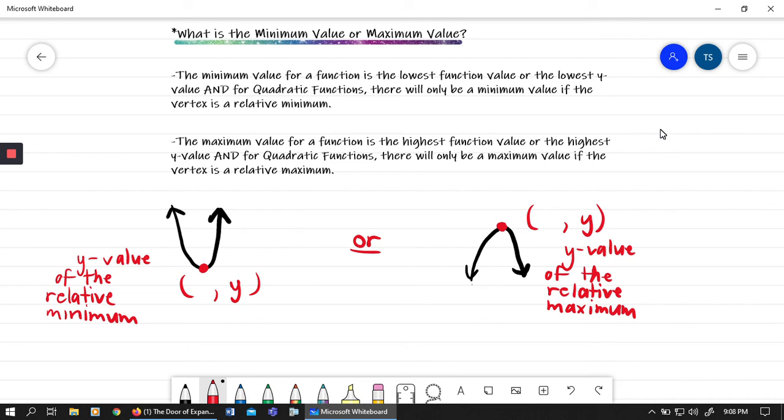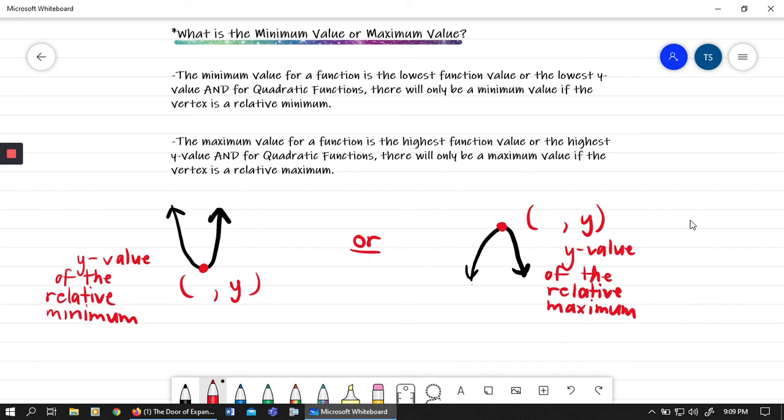We talked about how to identify the axis of symmetry. We said that for quadratics, that's going to be a vertical line, and for the equation of a vertical line, you've got to write it as an equation as x equals negative b divided by 2a.